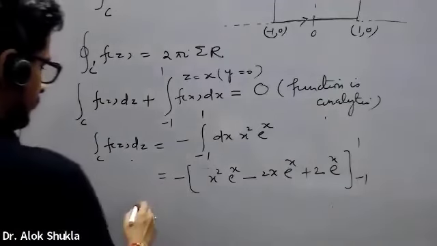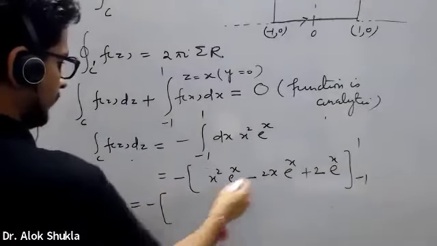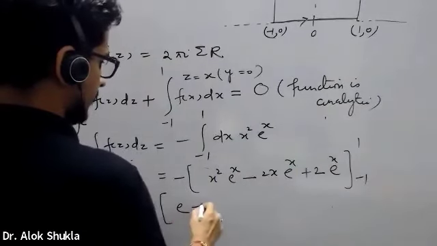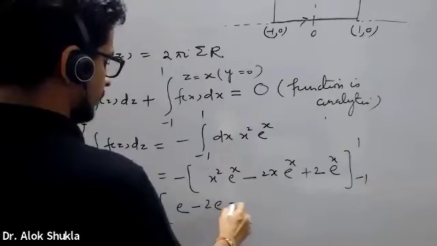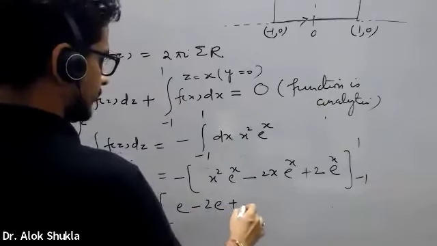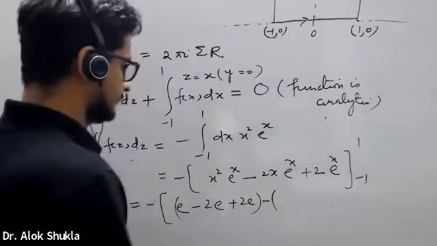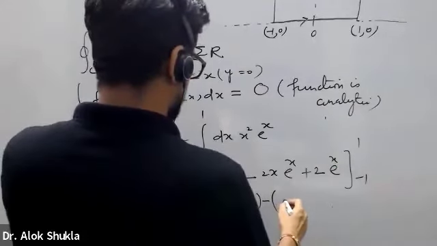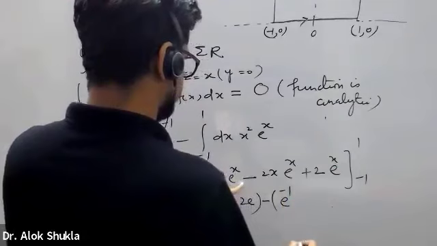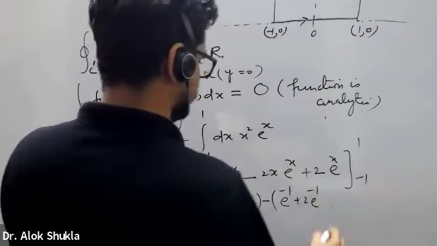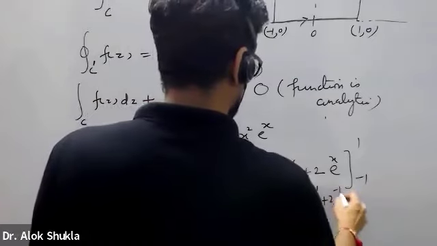So let us substitute the values, upper limit and lower limit. The upper limit will be e minus 2e plus 2e. This is the upper limit, minus the lower limit, which is e to the power minus 1 plus 2e to the power minus 1 plus 2e to the power minus 1.